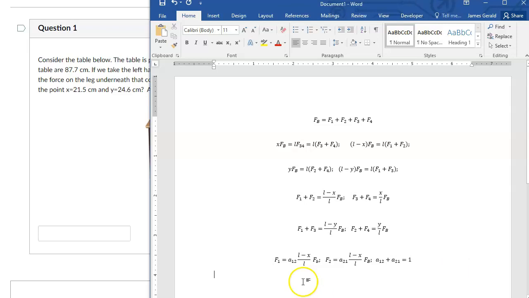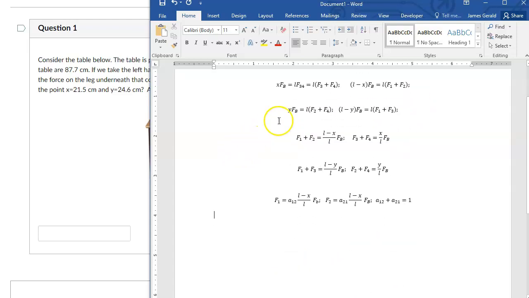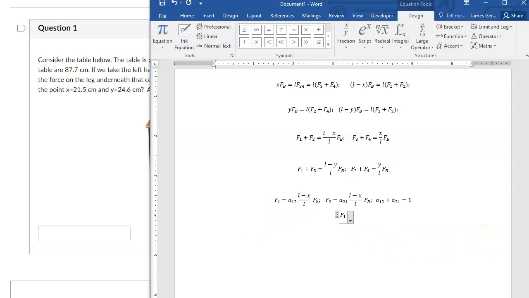All right, because the fraction of it that's F1 plus the fraction that's F2 has to add up to the whole thing. And then if we look at the next equation down here, we do something similar. I'm going to say F1 is A13 onto L minus Y over L FB. I don't like that, that's ugly. I'm sorry, math equations have to be pretty.